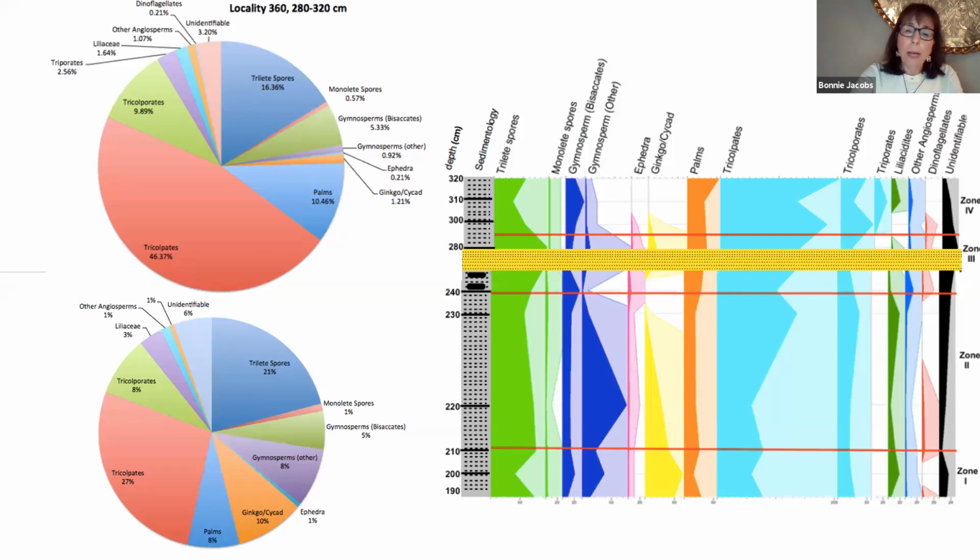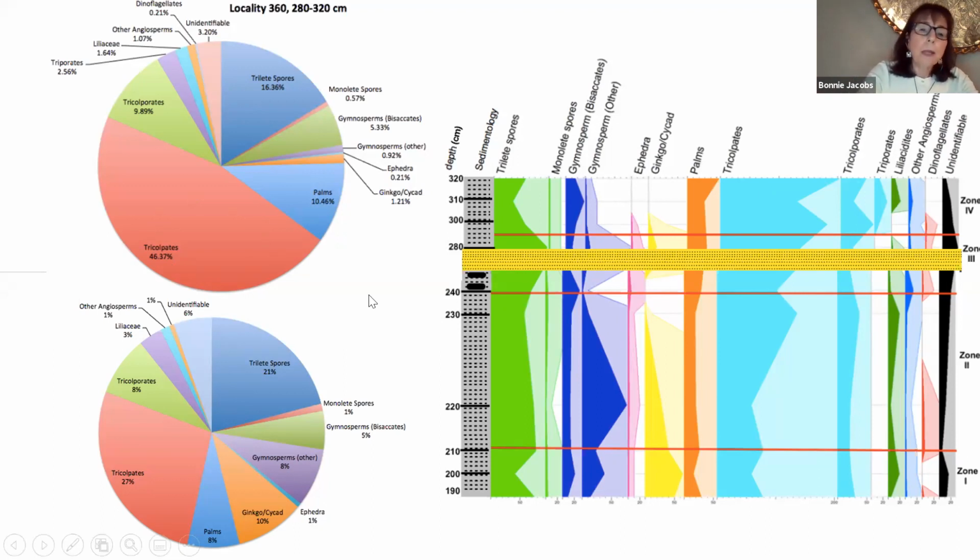So Marley compiled her data. What she did was she counted all the pollen and all the spores on many different slides, many different samples that she extracted in the lab. And this is how we can look at them. This is how we get the information about what the landscape must have looked like in the past. So here you see on the left, we have these pie charts, and on the right, we have a different kind of diagram called a pollen diagram.